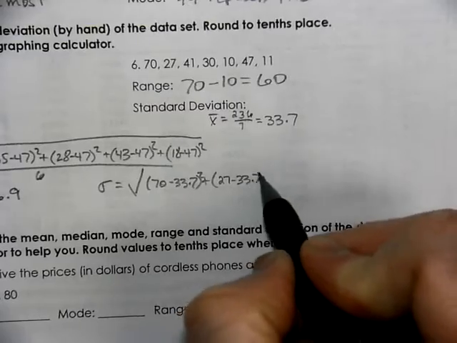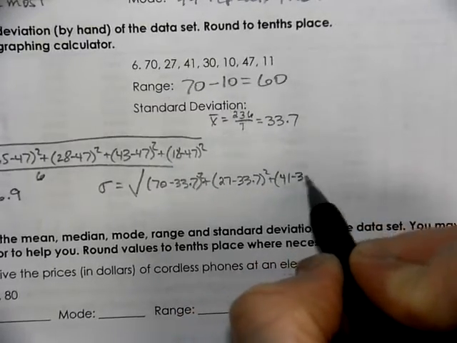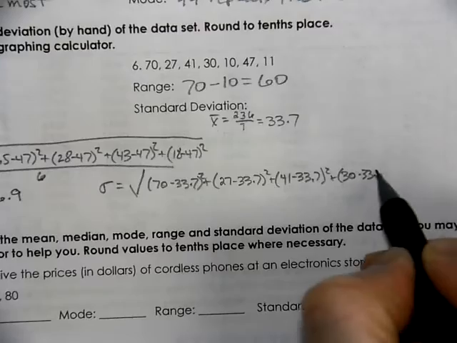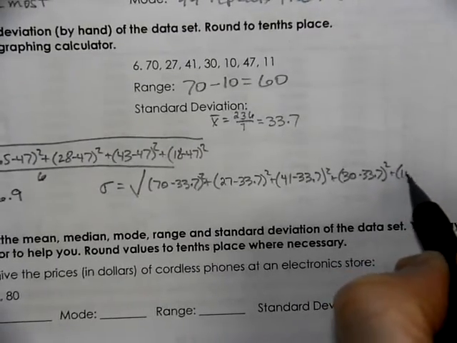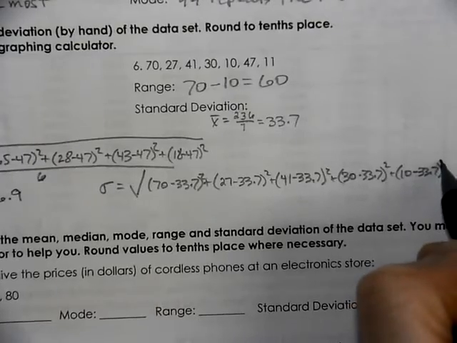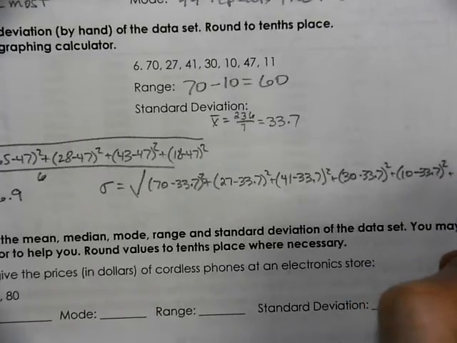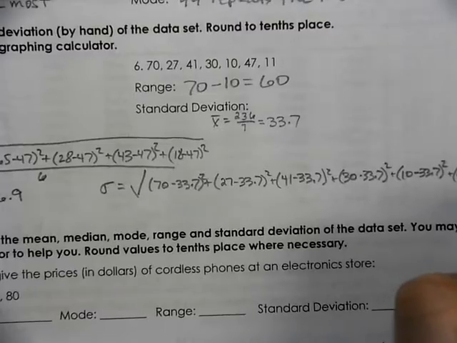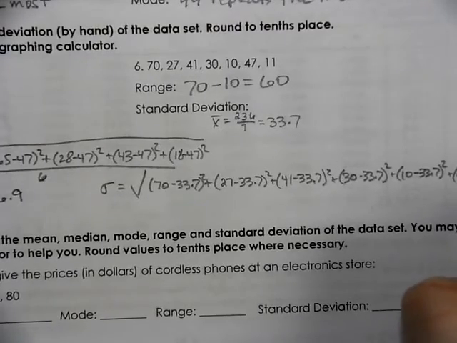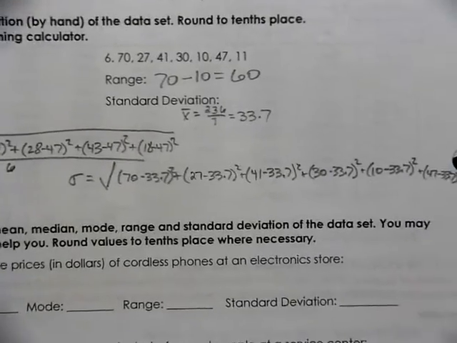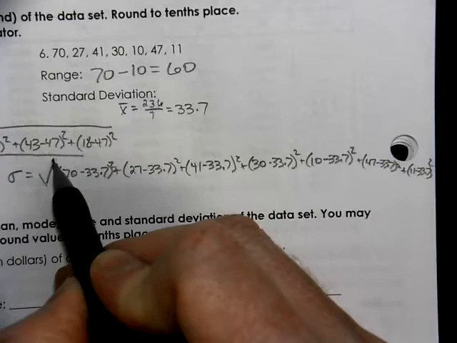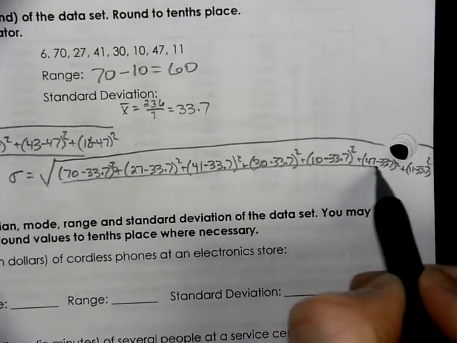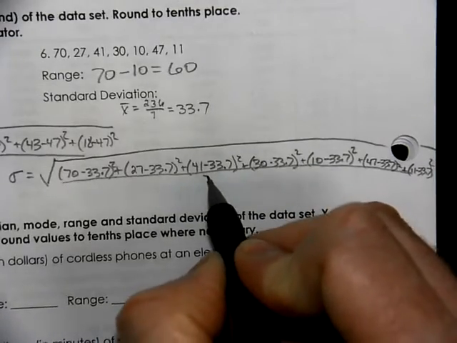27 minus 33.7, and each of the terms. We divide that inside the square root, and we still have our 7 terms.